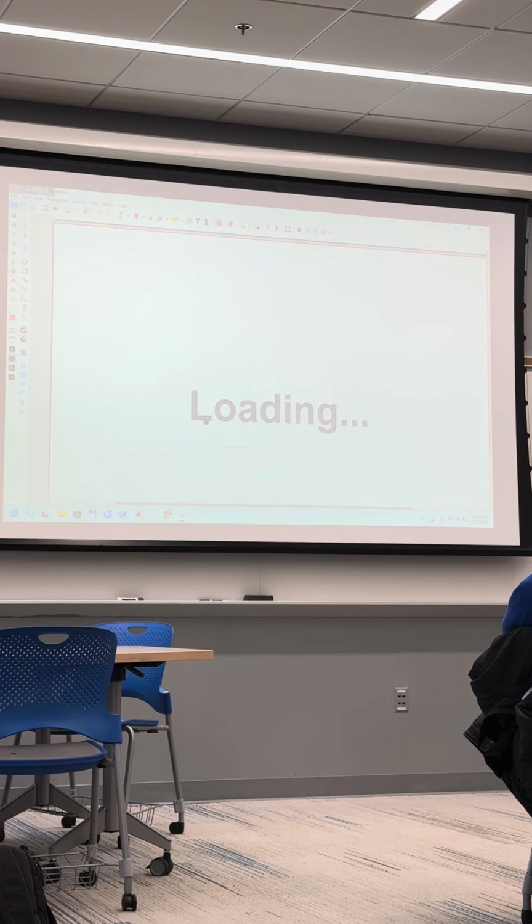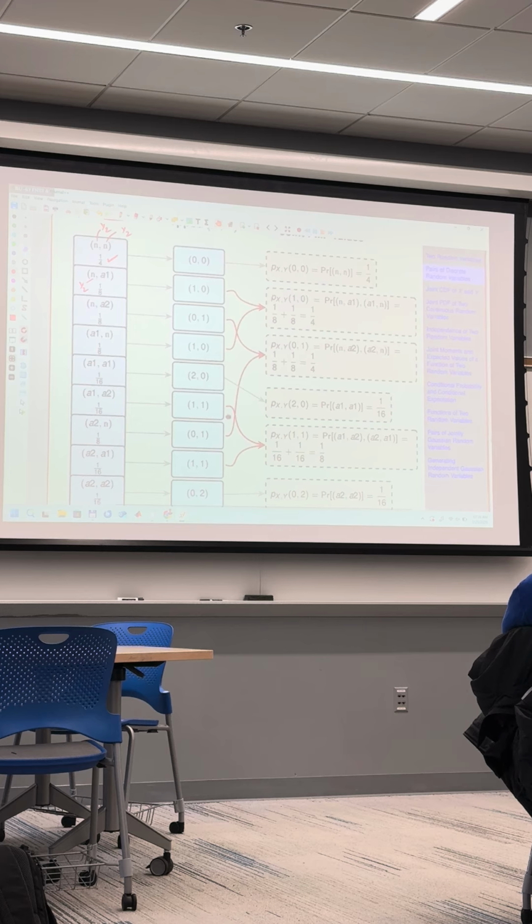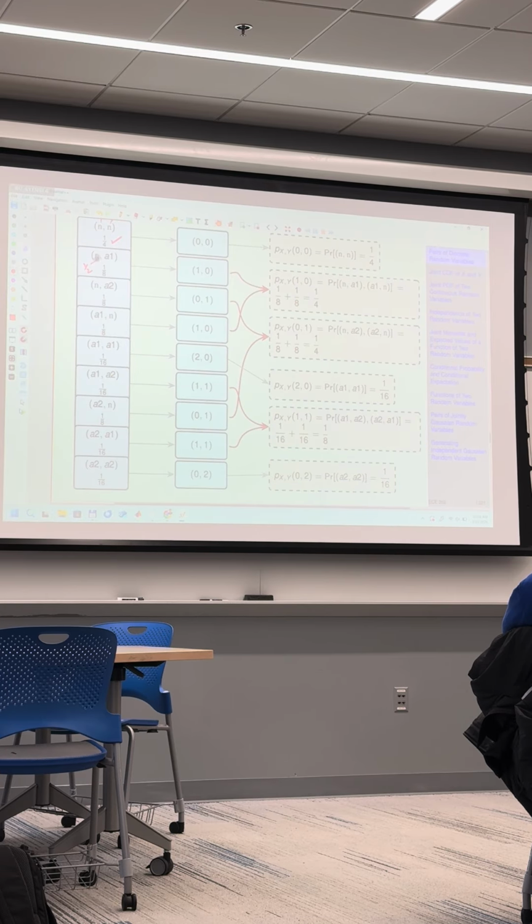So here I actually gave you all the outcomes. No packet arrived in input port number 1, so this probability is 1/2. One packet arrived in input port number 2 that is destined for output port number 1.